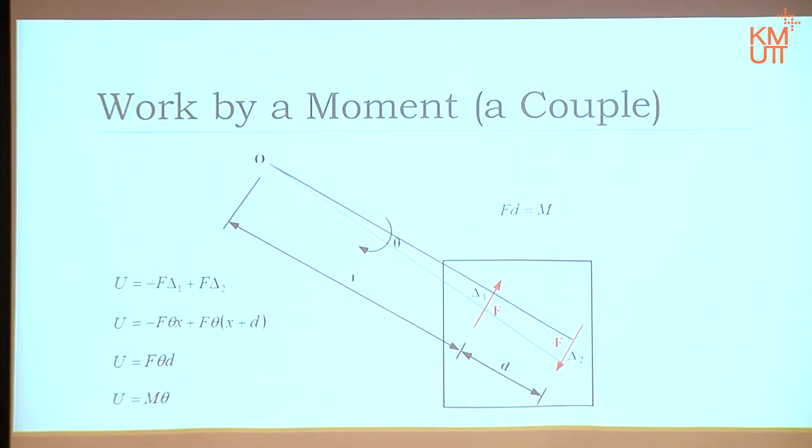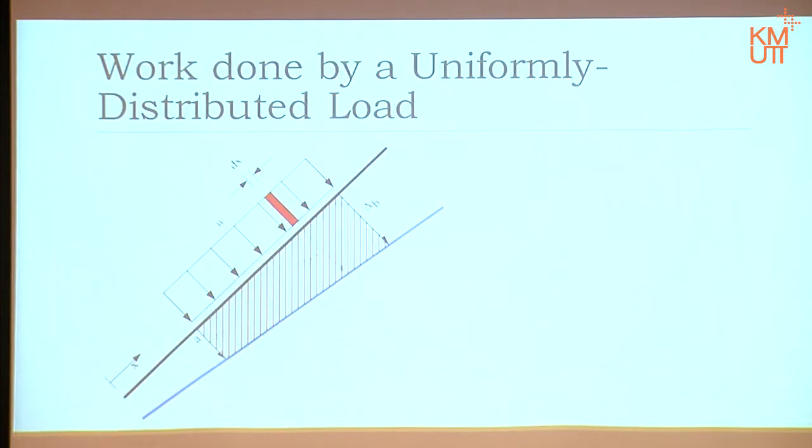We expand that even further to see how we calculate the work done by a distributed load. We only cover the uniformly distributed load, meaning it's all the same throughout the distribution, meaning the magnitude of this force is always W, force per length. And we work out that it's actually equal to that magnitude times the area under the spread shape.